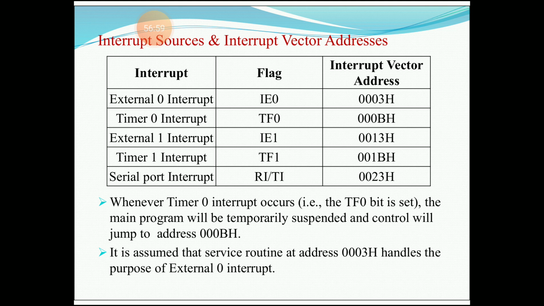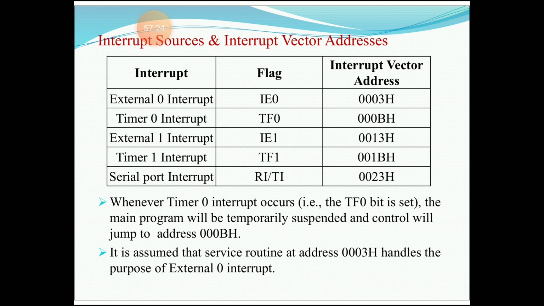When timer 0 overflow occurs, this interrupt is generated, that is the TF0 flag is set. When this bit is set, the controller transfers control to the interrupt vector address 000BH. From this address, the controller executes a program called ISR.